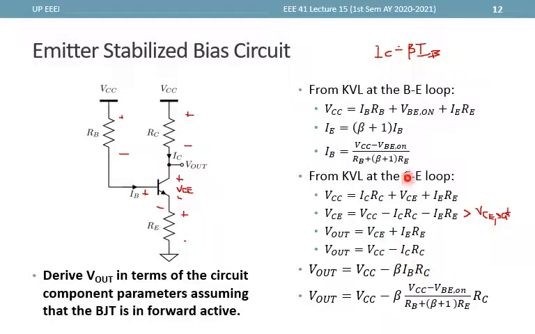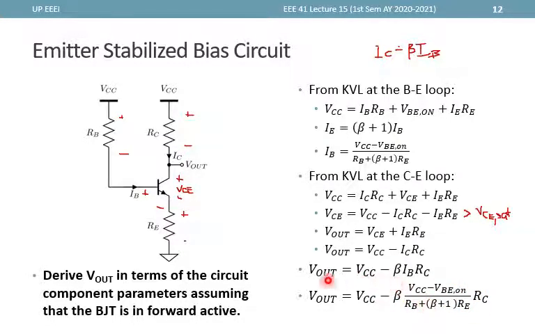We replace IB with this equation here. Then we'll end up with this one: Vout is equal to VCC minus beta times VCC minus VBE on over RB plus beta plus 1 RE, times RC. Now this expression here is only dependent on the supply, the turn-on voltage, the resistor values, and the beta.